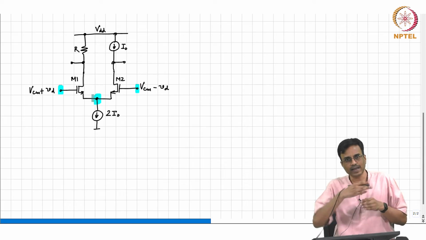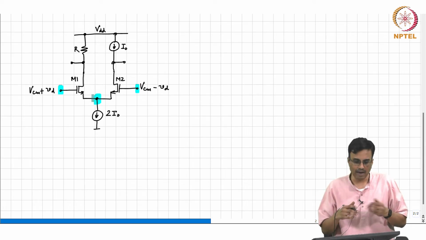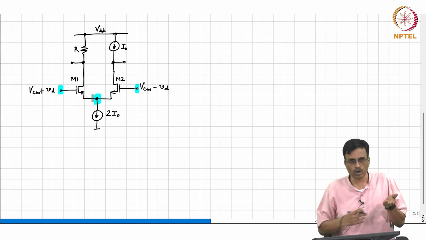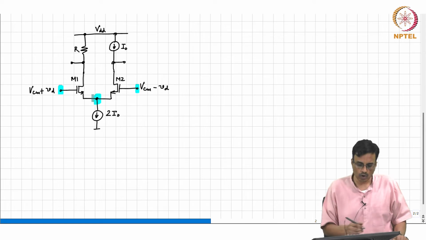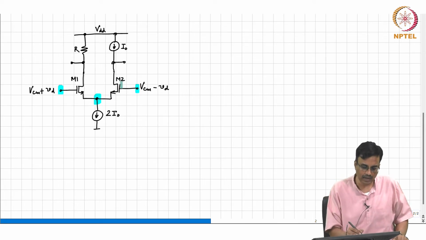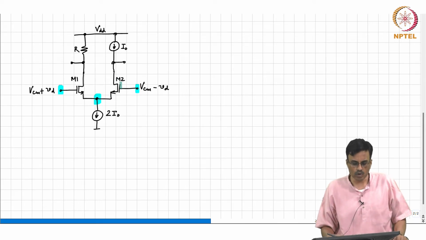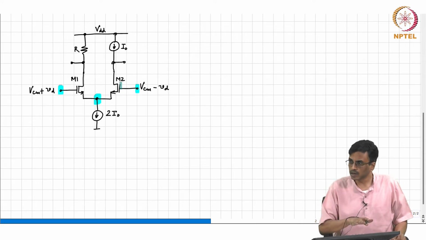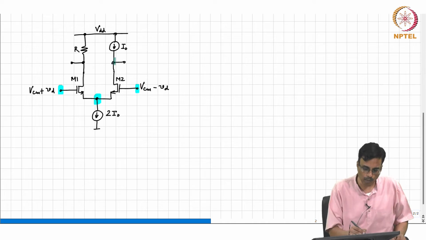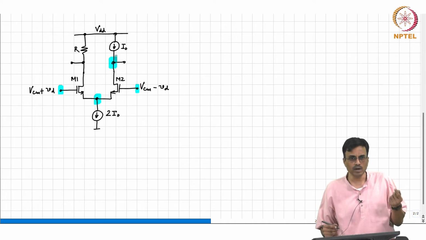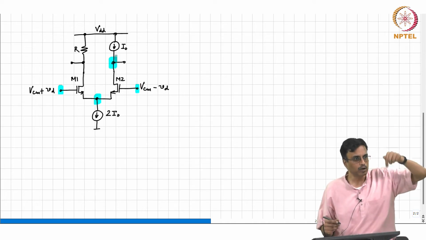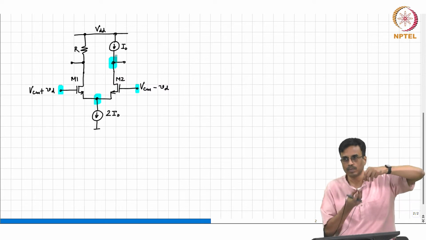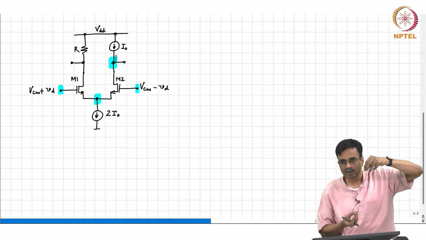So, this 2 I naught has to go either this way or that way. If M1 has got a larger gate potential, more of it will go through M1, less of it will go through M2. So, if less of the current goes through M2, the drain current of M2 will be smaller than I naught, and as a consequence what comment can you make about the potential of that node? Current pushing into that node is I naught, current being pulled out of that node is less than I naught.